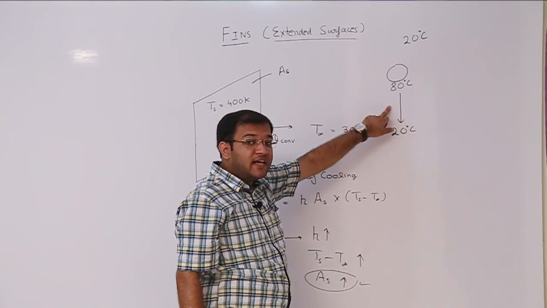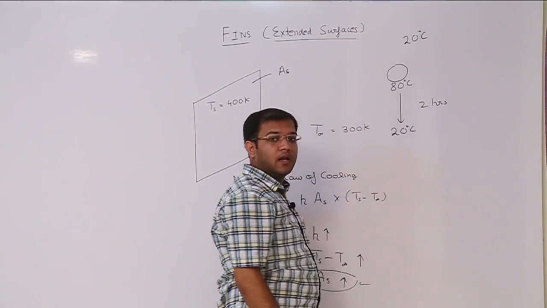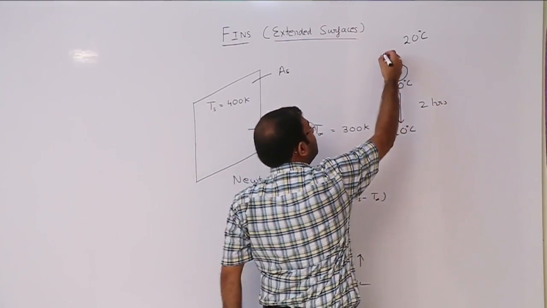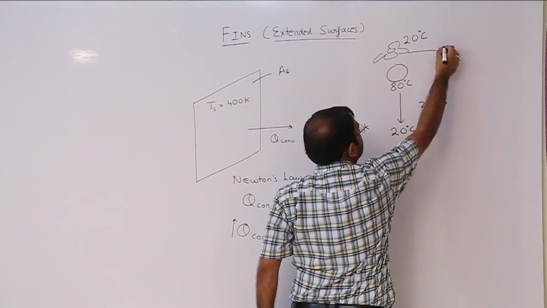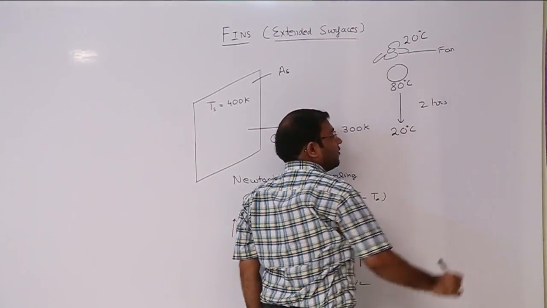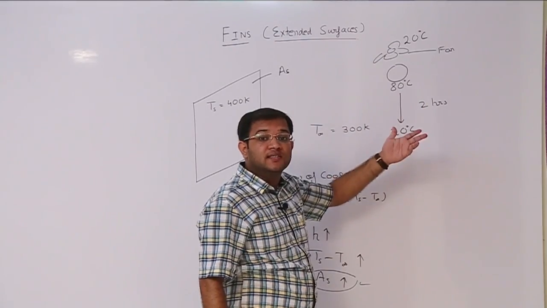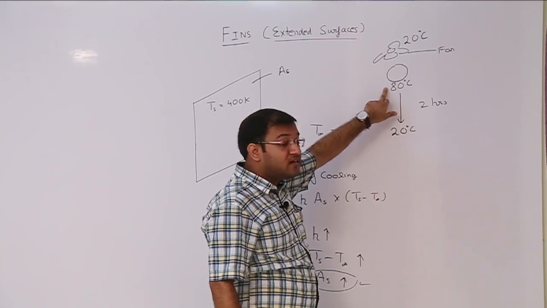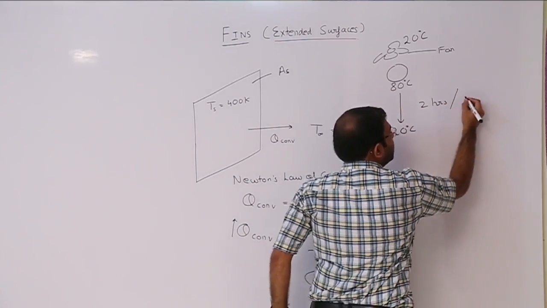Suppose the cooling takes place in 2 hours. Fine. Now what do I do? I place a fan here. When I place the fan, what I see is that the rate of cooling increases and the body changes temperature from 80 to 20 in only 10 minutes.